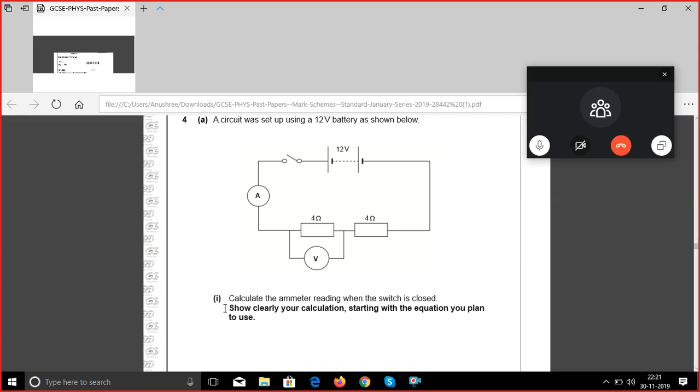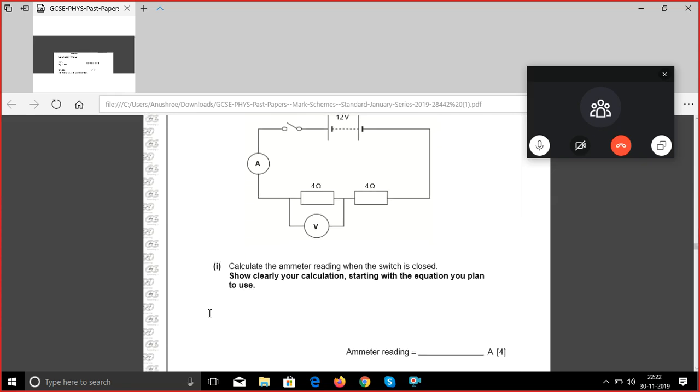In series, the current remains the same throughout every component. That's why you added the 4 ohms and 4 ohms, because they are in series. In a series circuit, the current remains the same, and in a parallel circuit, the voltage remains the same. So the reading of the ammeter is your total current, that is 1.5 amps.